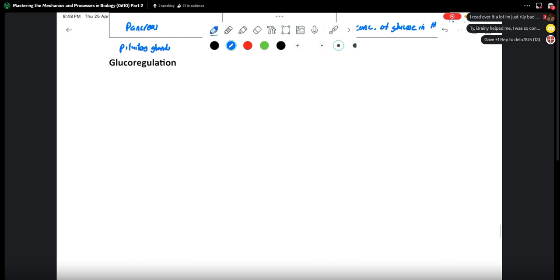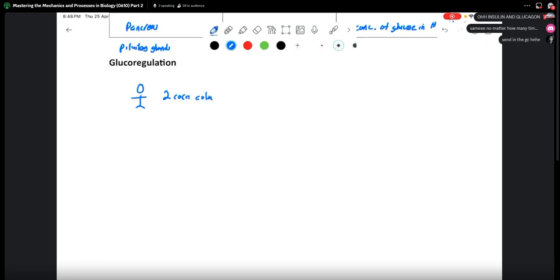All right, now we enter glucoregulation. Glucoregulation basically means the effect of hormones affecting our blood glucose concentration. Let me give you a scenario. This person is drinking two Coca-Cola.